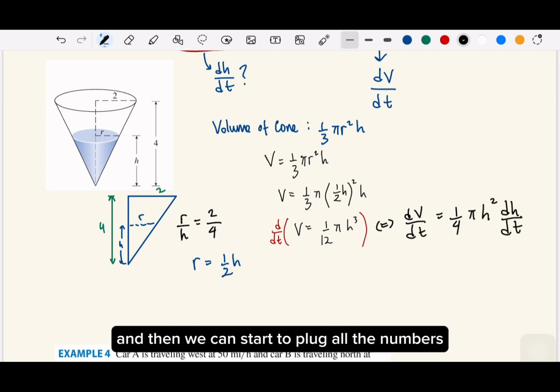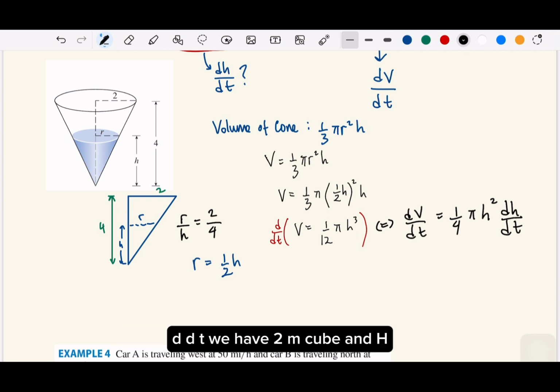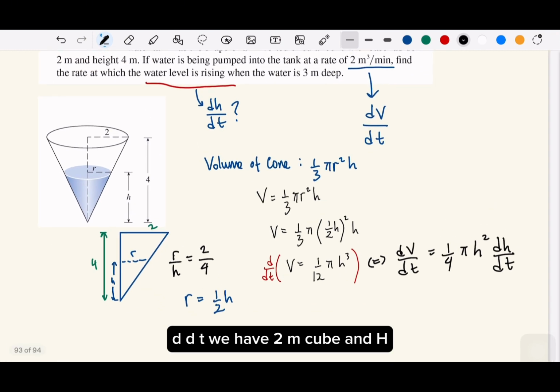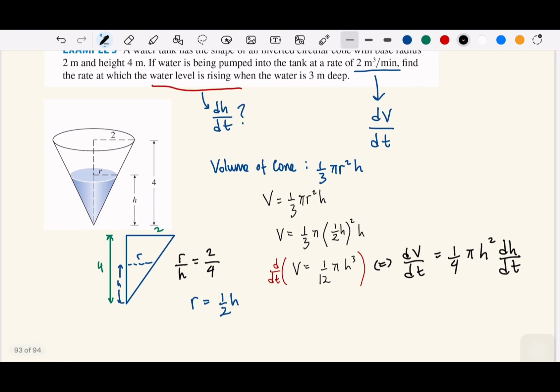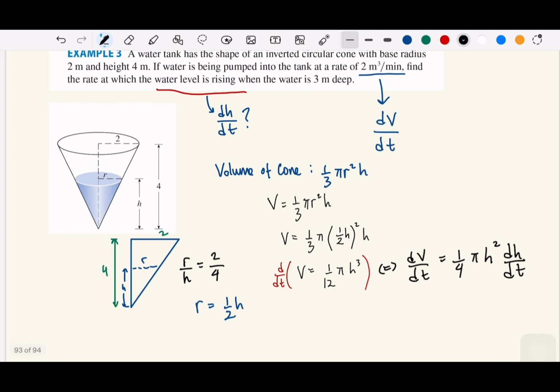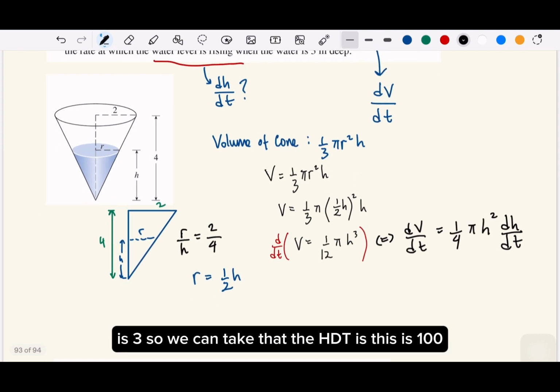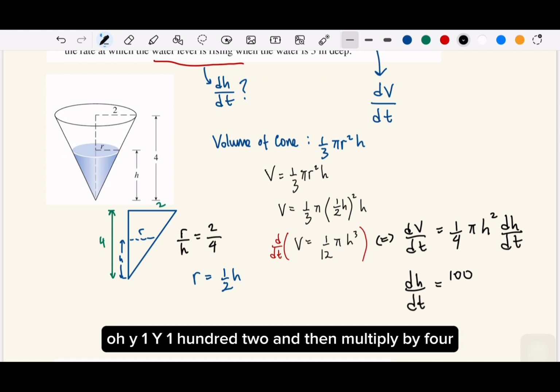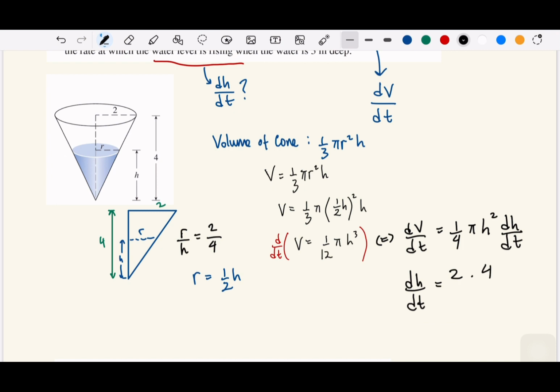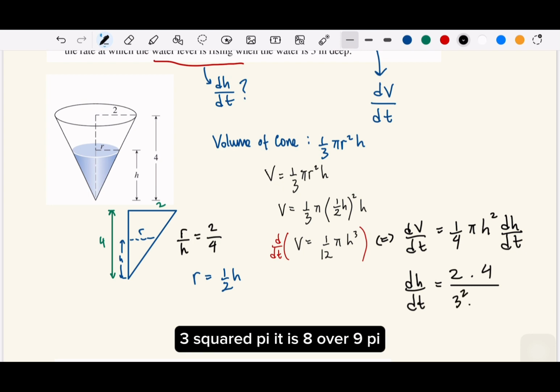And then we can plug in all the numbers. dV/dt, we have 2 meters cubed per minute, and H is 3. So dH/dt is 2 multiplied by 4, divided by 3 squared pi.